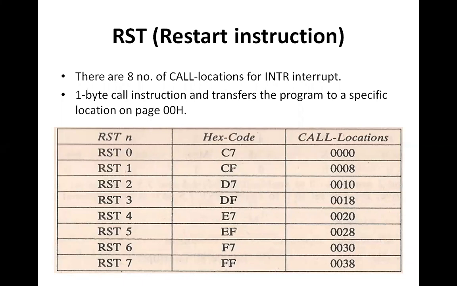So we can have up to 8 input output devices connected through the INTR line through external hardware. And priority can be assigned to the input output devices connected to the INTR line through external hardware or with the help of an interrupt controller. What is the role of the interrupt controller? That we will be discussing later on.